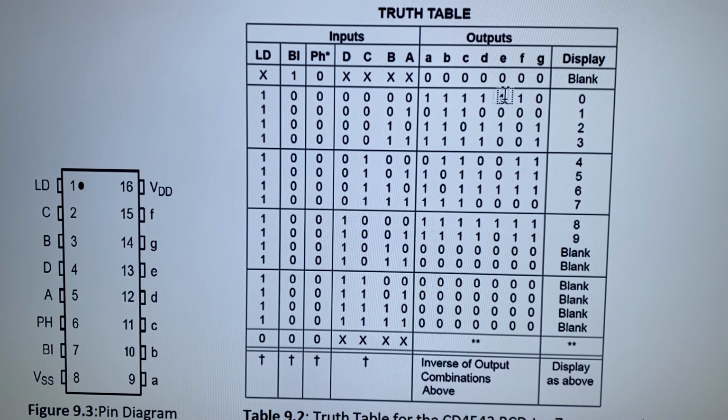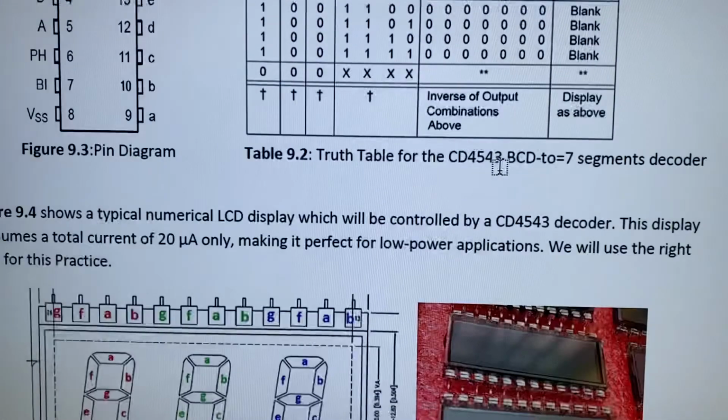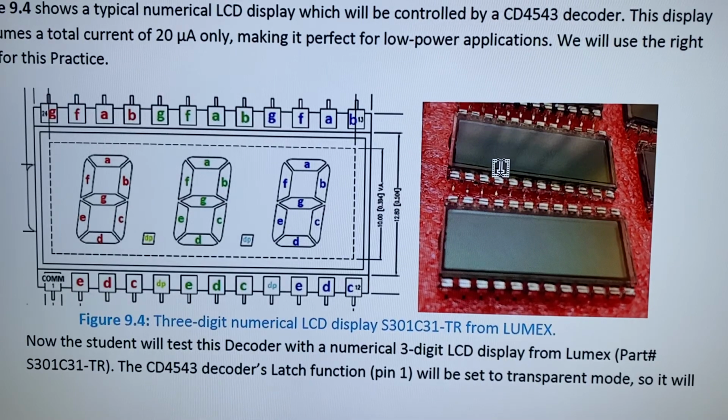Notice how all the combinations form the 7 segments display. If you have a number greater than 9, such as 10 through 15, the display will be blank. Okay, and also if the blanking input is 1, the display will be blank.